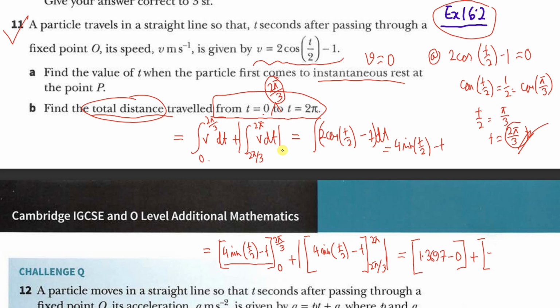Then the next part, if I put 2pi to 2pi, it gives us minus 2pi, then minus 1.3697. If we add all of them together, this is a negative value. We need to convert it to positive because it's a negative part, then we would get 9.02 meters, and this is the distance from t equals 0 to 2pi.